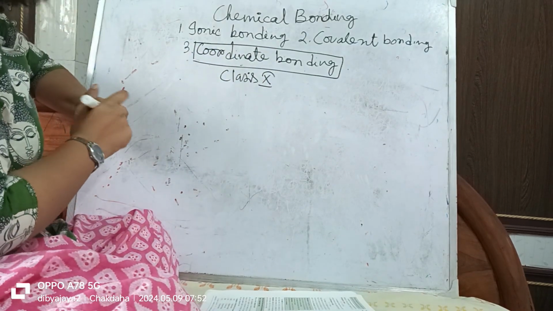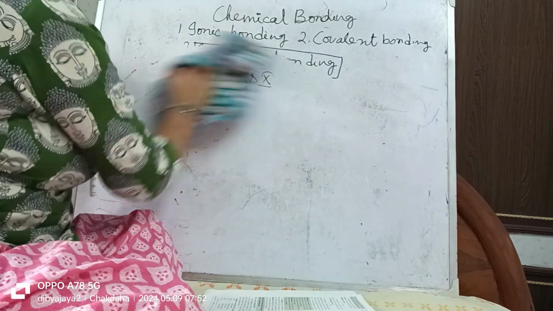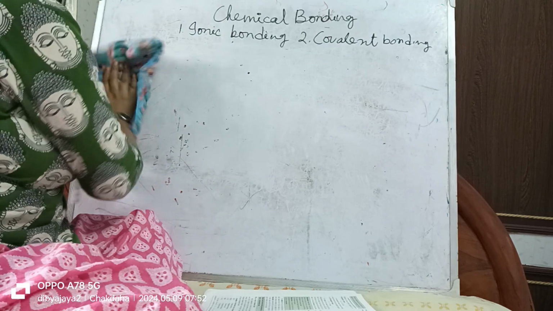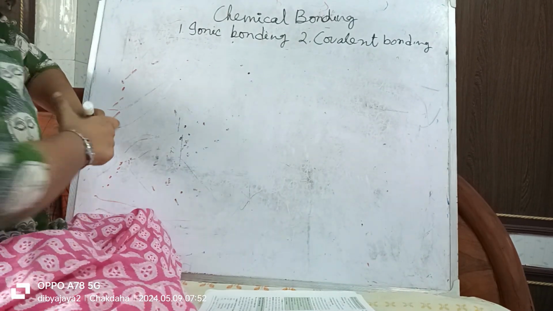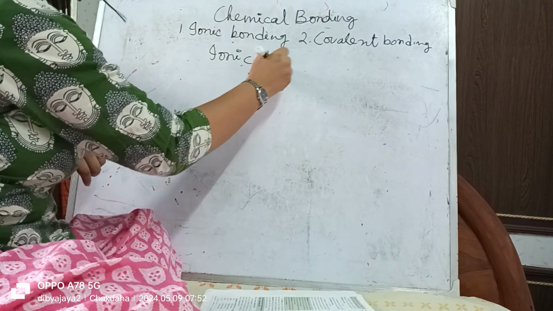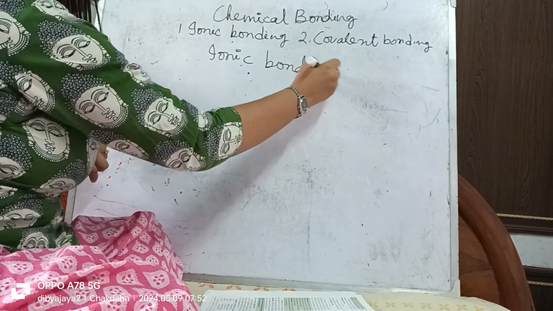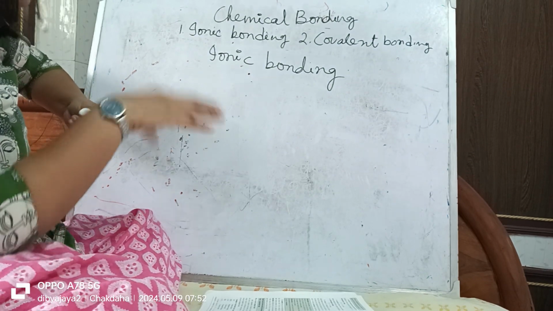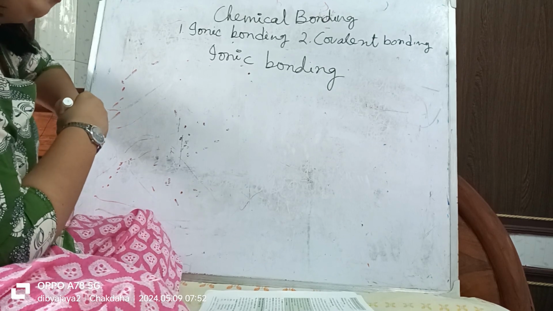Okay, so first thing, ionic bonding. Already we know how cations and anions are formed, that is according to the octet rule.